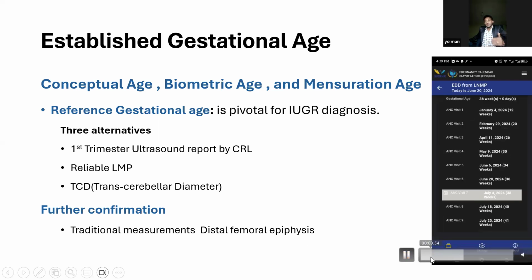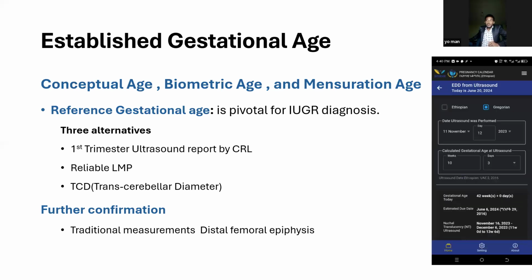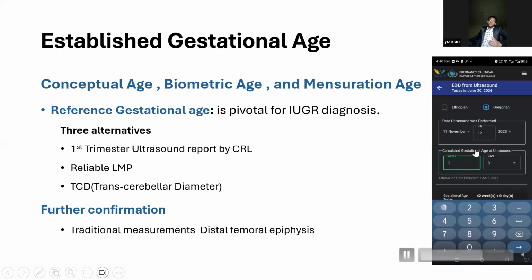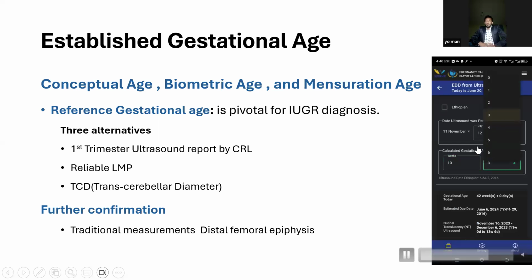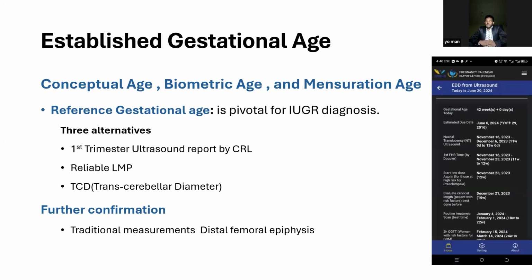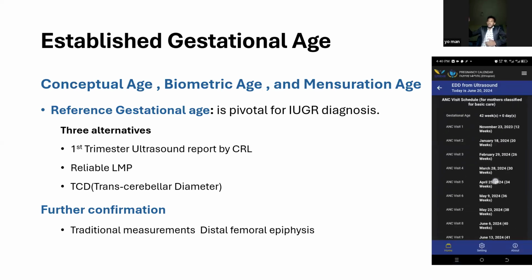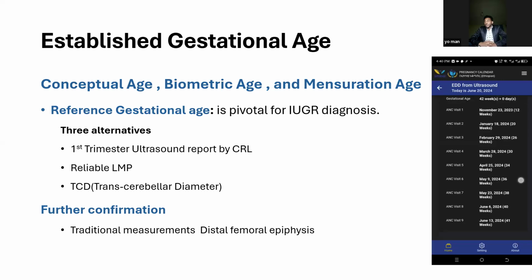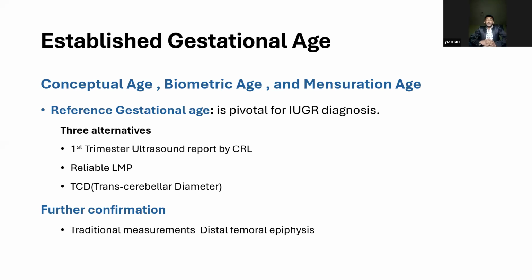So that is an exact date. You do have full confidence, so you move forward in the diagnosis. This calculator also includes the option using the first trimester ultrasound, as you can see here, and it displays again all the visits in days, which will help you to reconfirm those gestational ages.